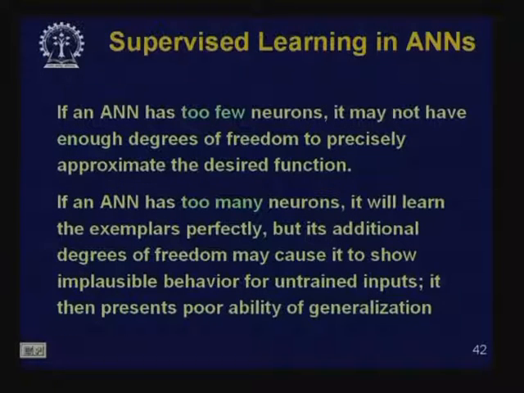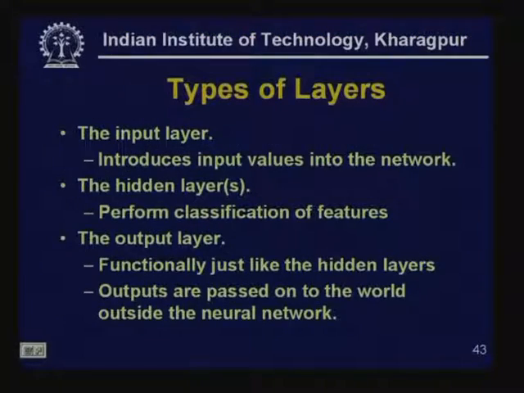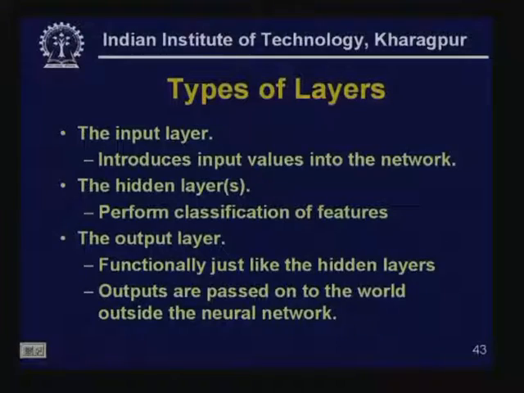But if the network has too many neurons, it will learn the training examples perfectly, but due to these additional degrees of freedom, it may be overfitting the data. So, it may show implausible behavior for unknown inputs. So, when we design a neural network, we have to be careful about that.